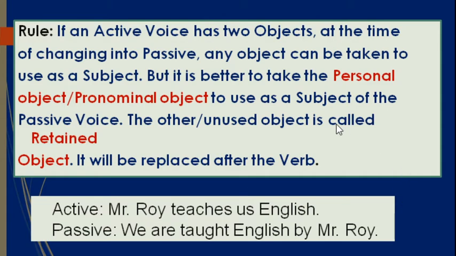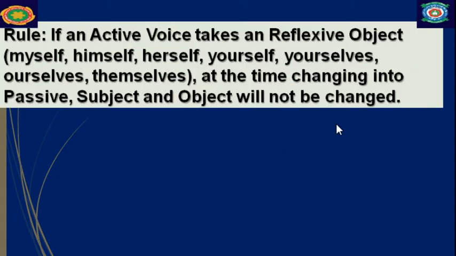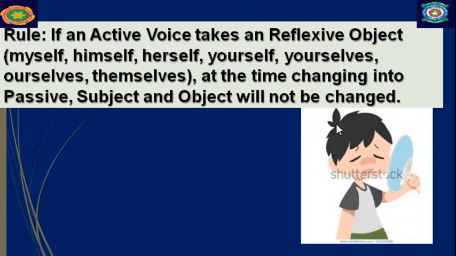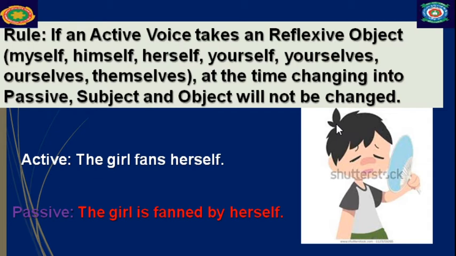Okay, next. You know reflexive pronoun, one kind of pronoun. If you see any reflexive object, like himself, herself, myself, then in this case there will be no change of the position of subject and verb, as it is. The girl is spent by herself, because it's present indefinite tense. No change.